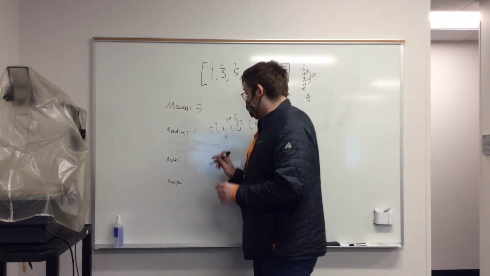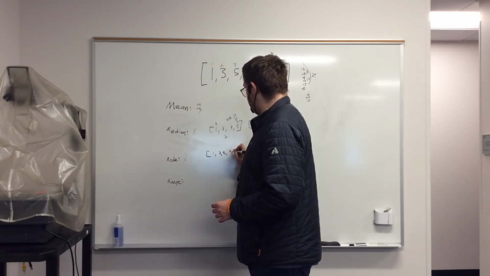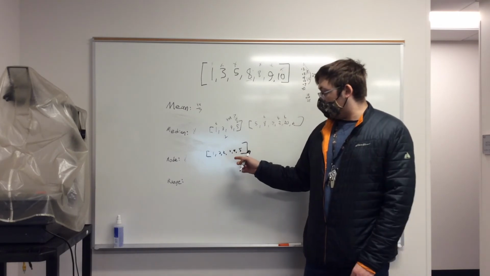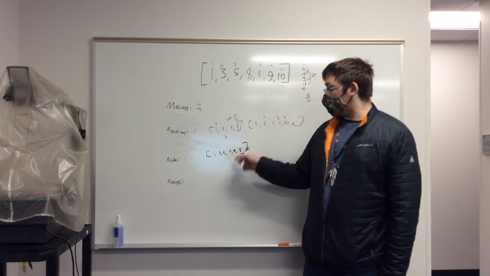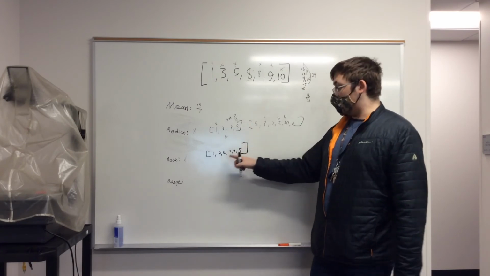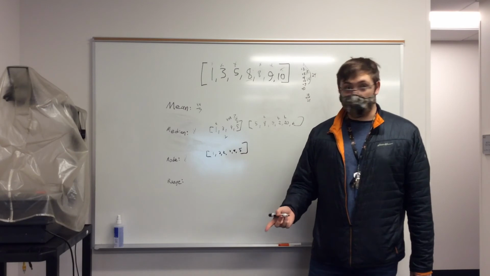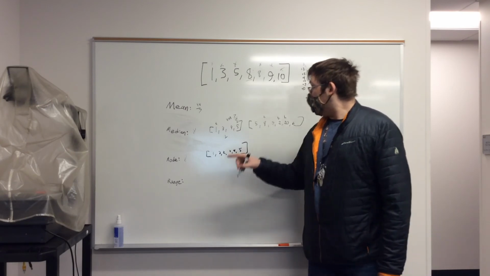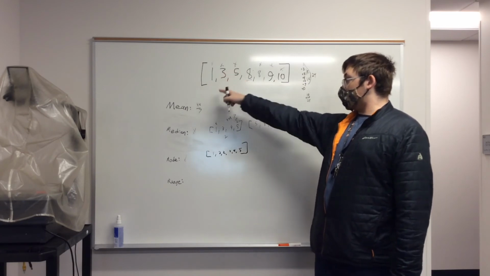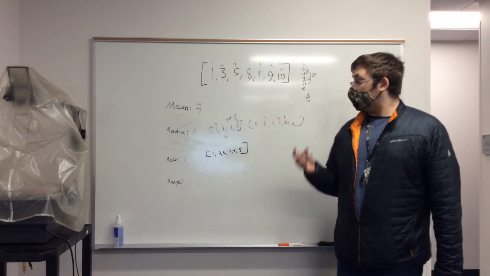Another example might be 1, 2, 2, 4, 4, 5. The issue is that even though there are more 4s and 2s than there are 1s and 5s, there is the same amount of 2s as there are 4s, which means that there are 2 modes, which are 2 and 4. If there was no 8 here, then the modes are 1, 3, 5, 8, 9, and 10, because they all appear once.